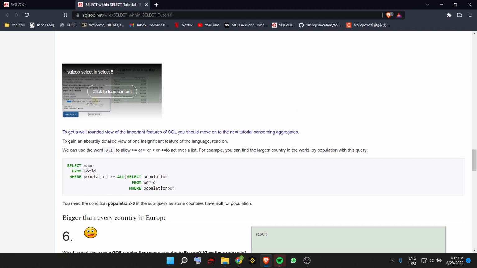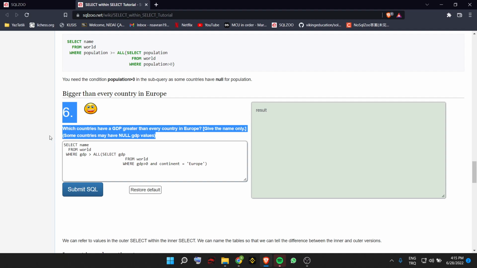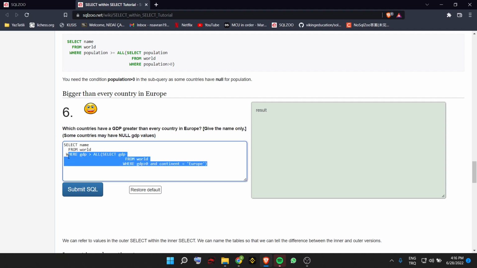In the sixth question, which countries have a GDP greater than every country in Europe? There isn't a null in Europe, so I didn't add those parts. Or no, oh, I added it. Sorry, it wasn't. It was in another question. I picked the countries which have greater GDP than every country in Europe.